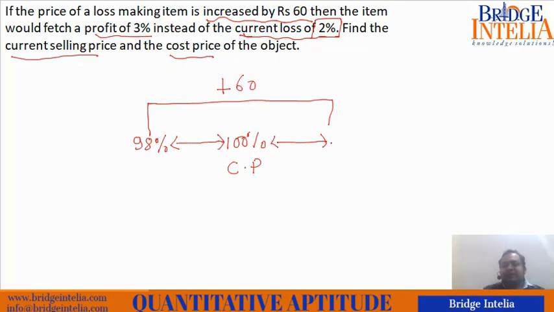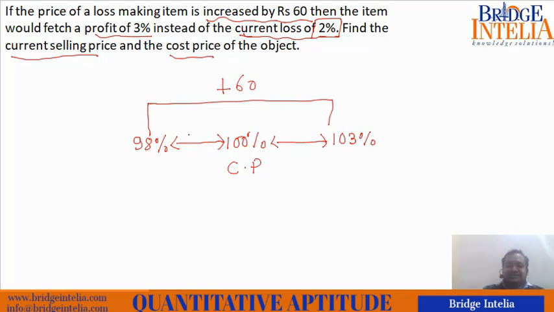Making a profit of 3% would mean he is recovering 103%. So from 98%, he will jump to 103% if the price is increased by rupees 60. What does this mean?